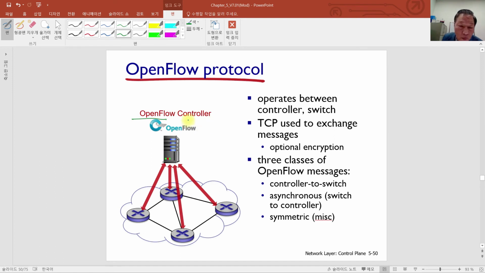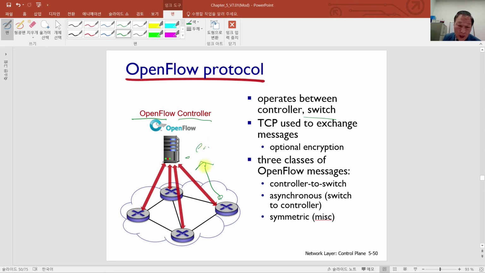The OpenFlow protocol is a standard protocol, and it operates between the controller and the switch. There is a protocol to exchange information, to provide table entries, and to get some port or link information, to apply the current status of the link in the algorithm.